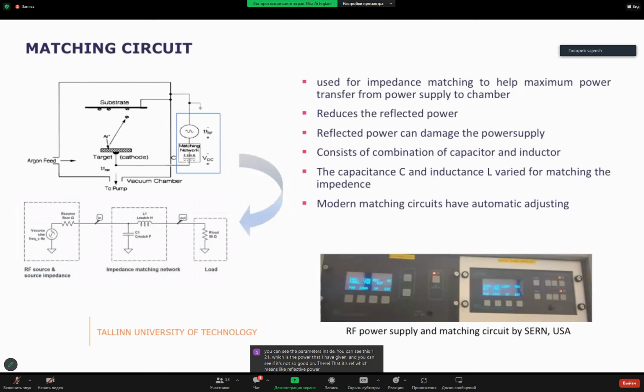It shows whether it is matching, and it should be 0 for ideal power transfer. On the right side, you will see the matching circuit parameters, load and tune, which indicate the inductance and capacitance, so that we can tune it and make the reflected power zero. So could you go to the next one?